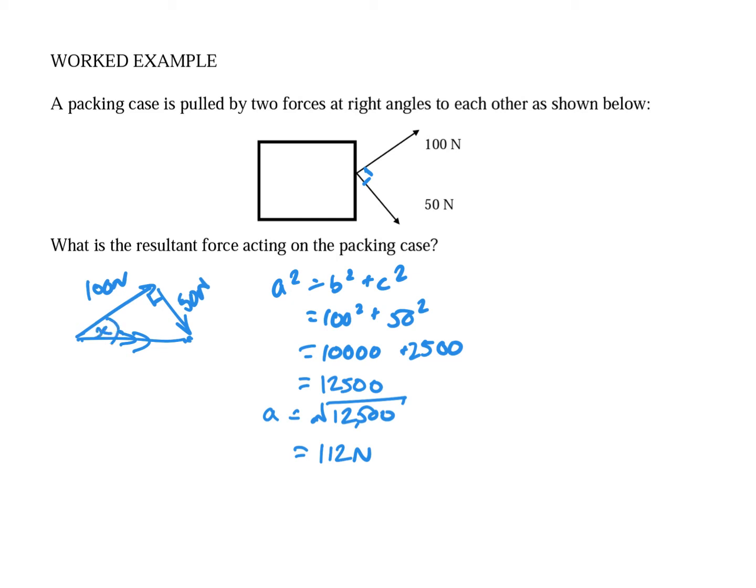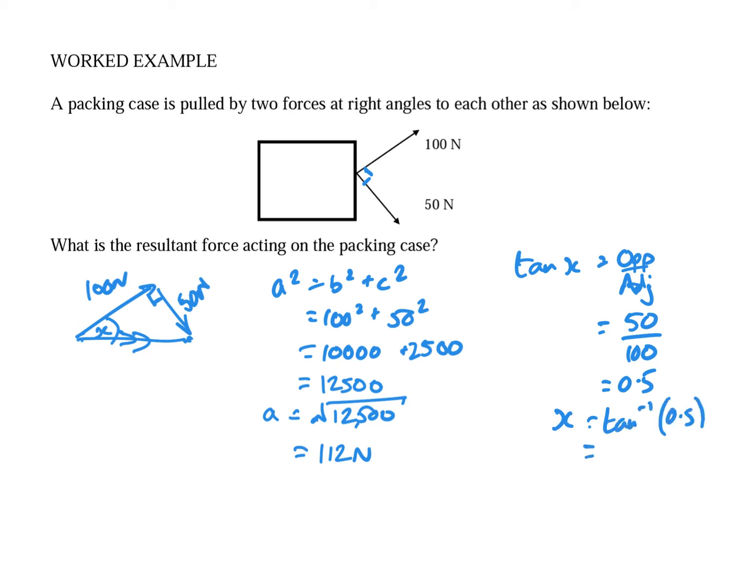You can call it theta quite often in physics, but tan x equals opposite over adjacent. Make sure you're getting them the right way around. So where I've picked x, 50 is the opposite. So x is tan to the minus 1 of 0.5, which is 27 degrees. Now here I've not got any north, east, south defined. So all I can do is be clear that x is beside the 100 Newton force.